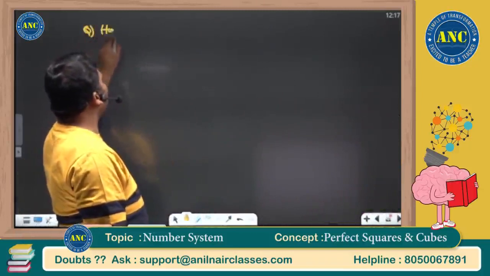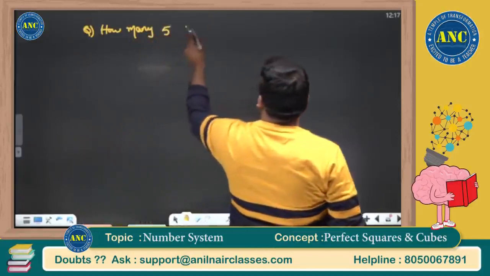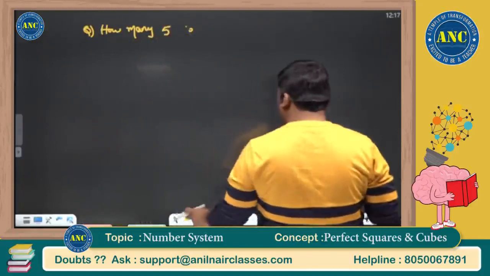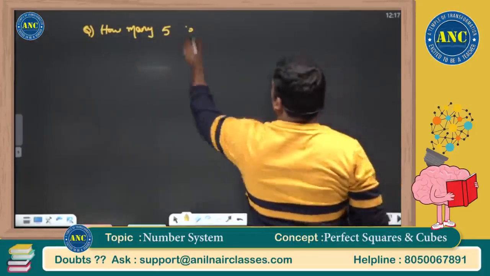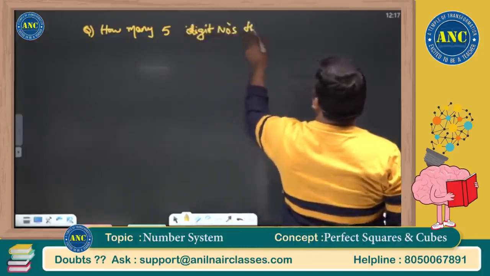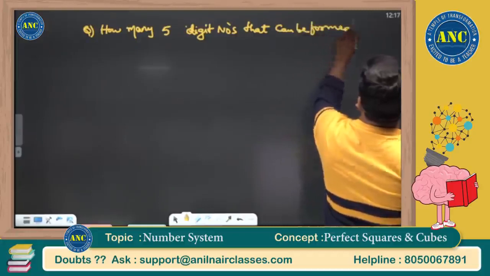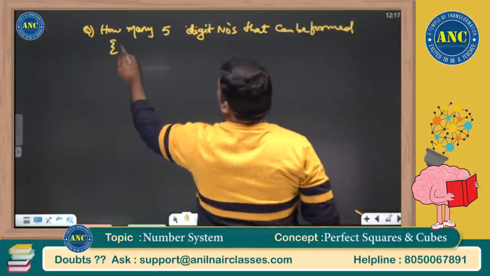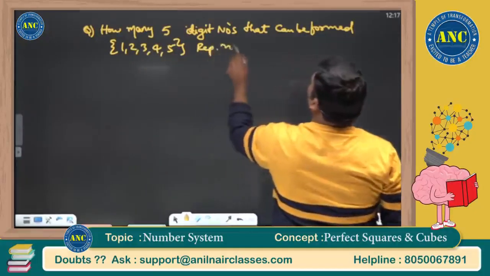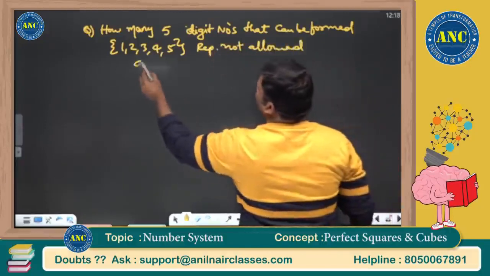How many 5-digit numbers that can be formed using the digits 1, 2, 3, 4, 5, repetition not allowed? A CAT replica question.